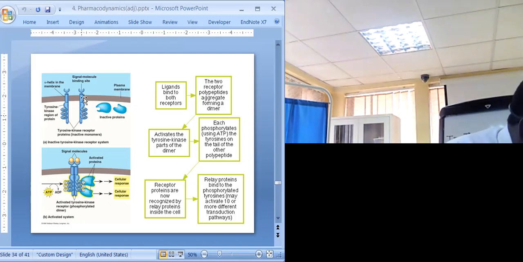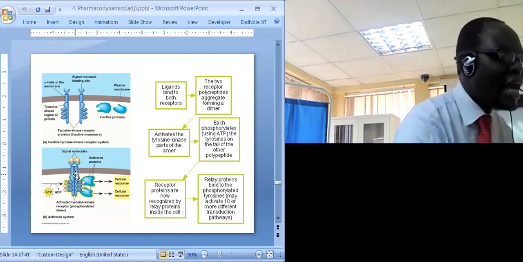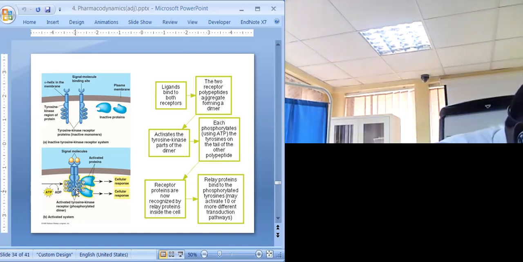Once we have binding on both, they form a dimer, and as a result of binding, there is phosphorylation of each tyrosine, producing what we call tyrosine phosphate, as you can see in this.